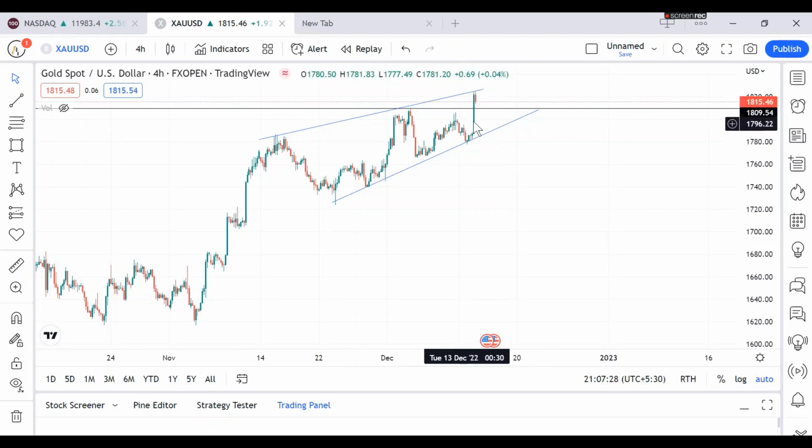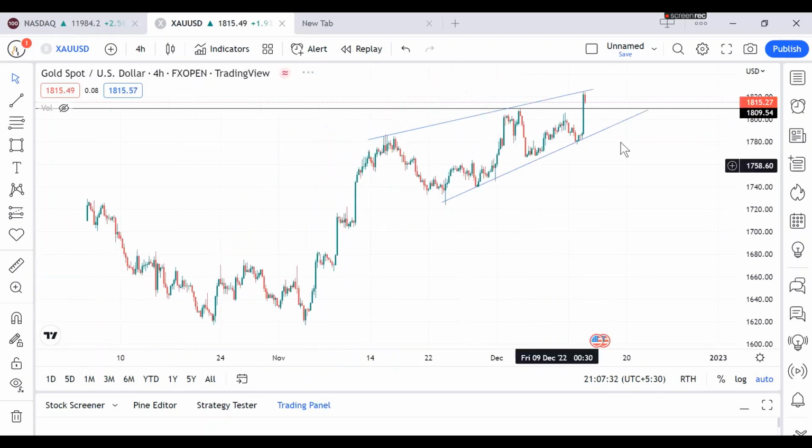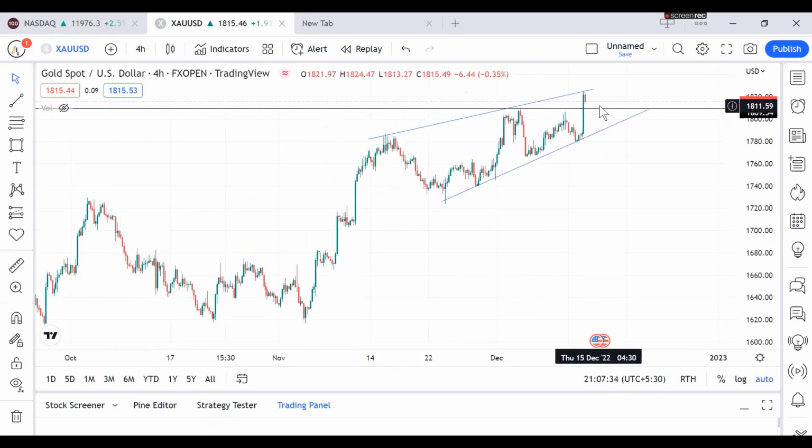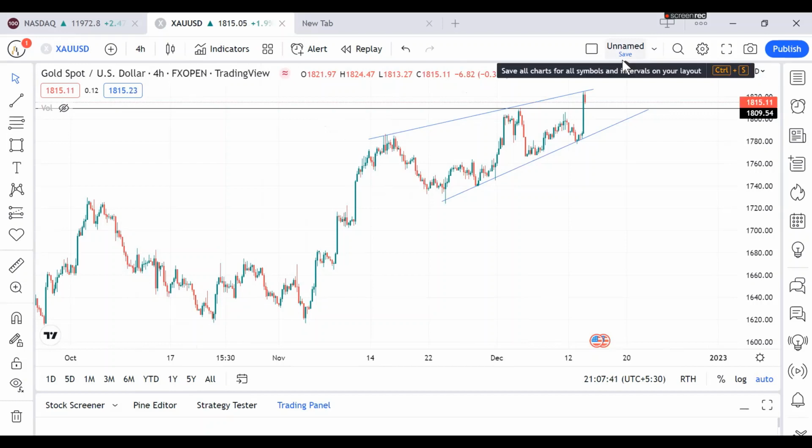Okay, so if the market is going to go up, obviously we're going to have to see the market retesting this zone and continuing with an upside movement.